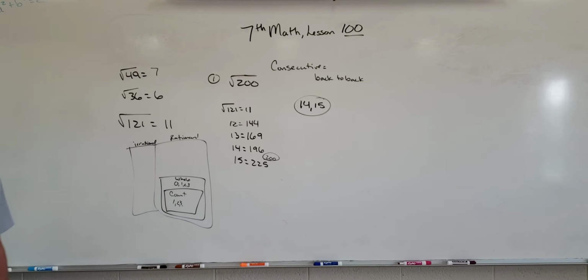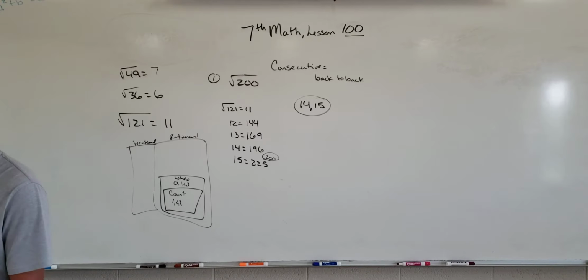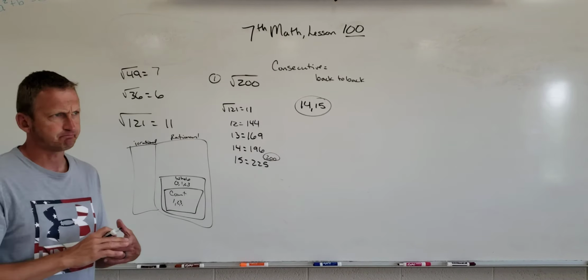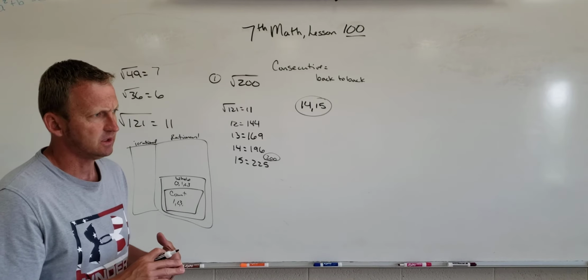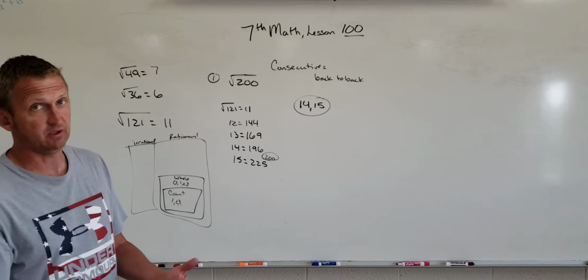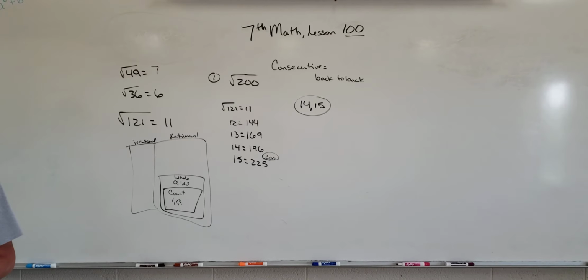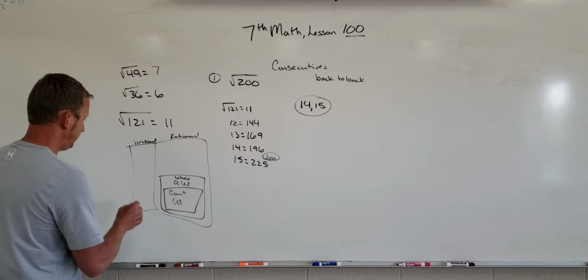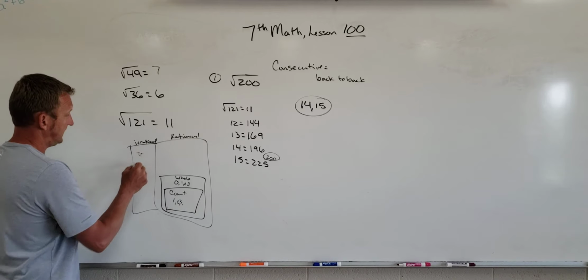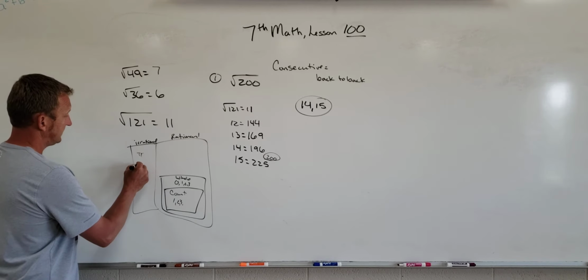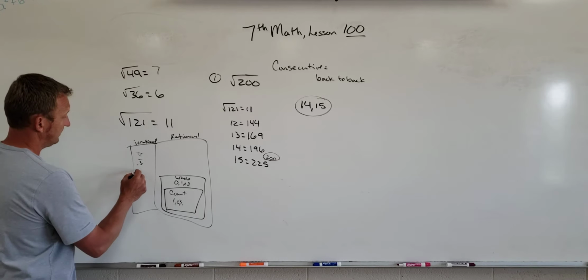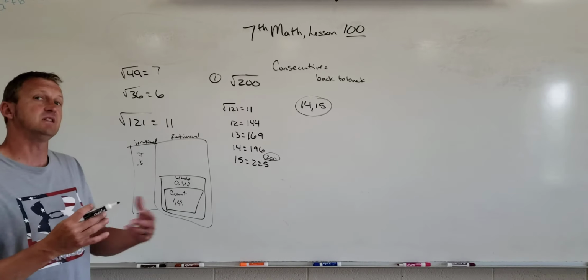And irrational numbers have to do with numbers that, if you were to punch them into a calculator, would generally go on forever. So an irrational number would be something like pi, or numbers that continue.